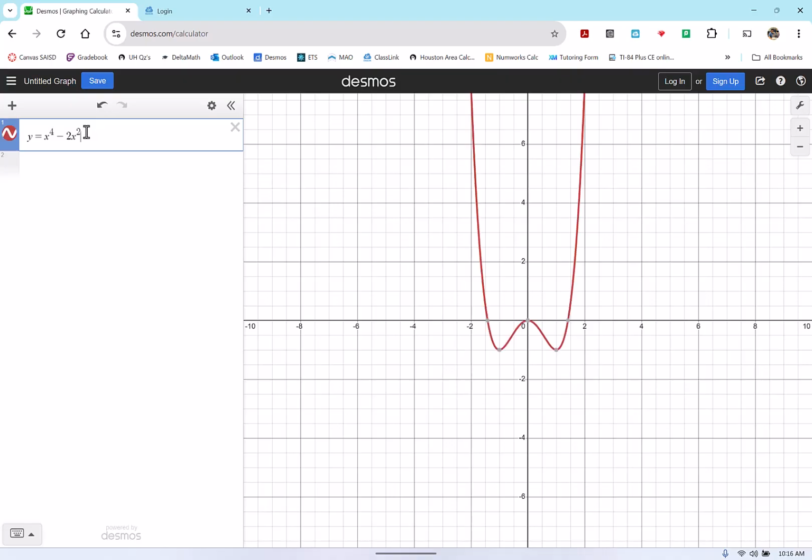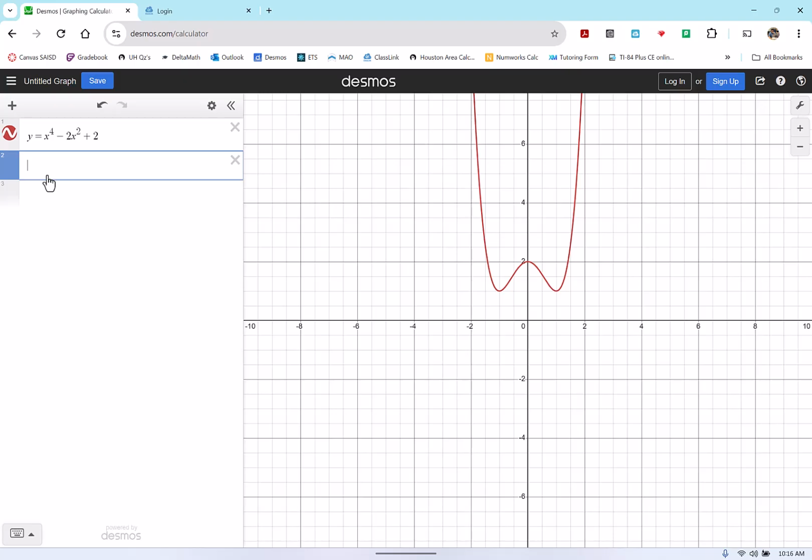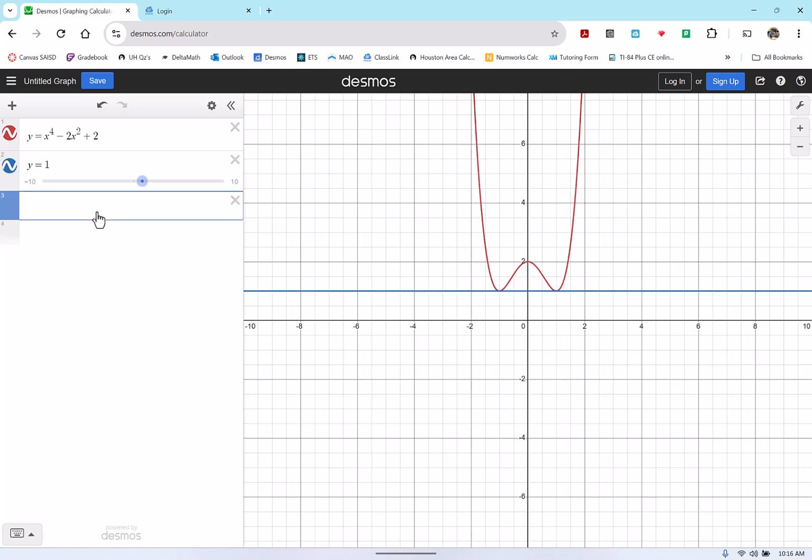Oh. Yep, sure enough. Look at this, guys. Negative 1, 0, and 1. You have horizontal tangents. See? Horizontal tangent there, guys. Negative 1, 0, and 1.